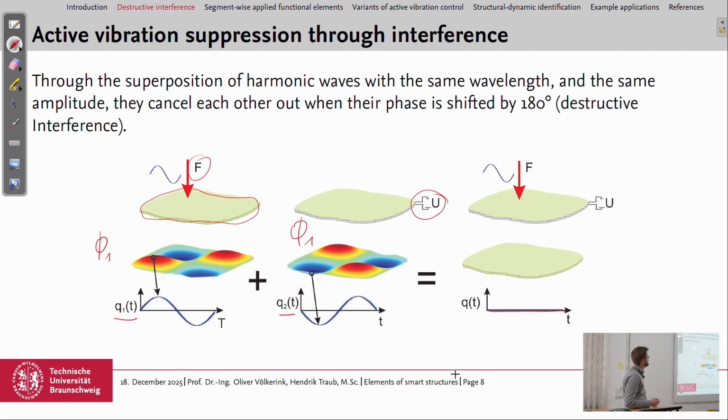So this is the idea of superposition of harmonic waves with the same wavelengths and the same amplitude, same vibration behavior in terms of space, but with a 180-degree phase shift in terms of time.